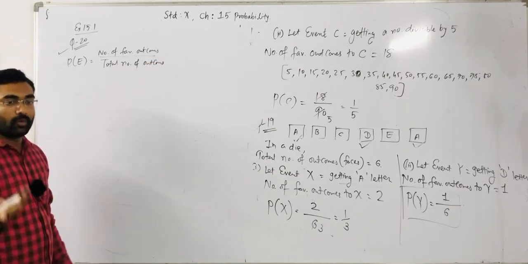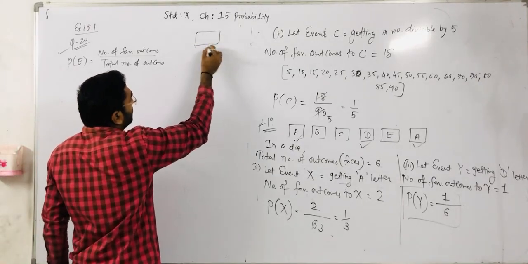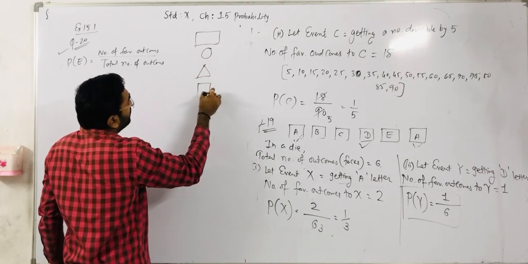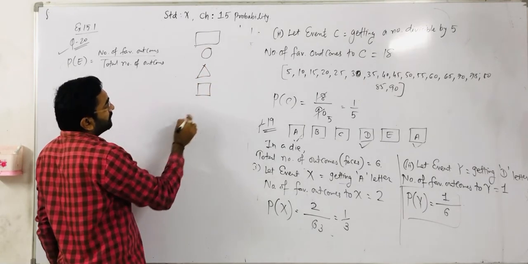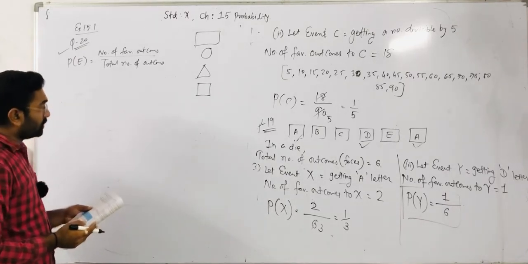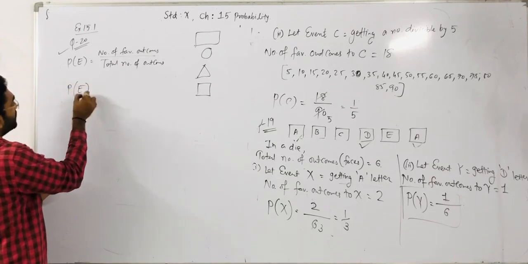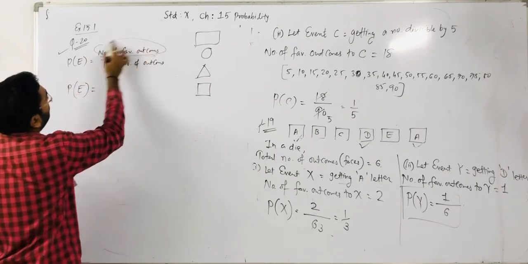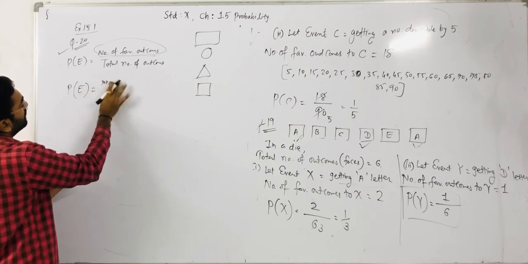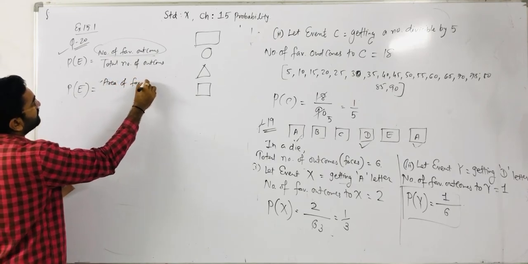But a geometrical probability sum is given. Geometry means what? Some shape is given: square, rectangle, triangle. Right? This is a square. So whenever that type of geometrical thing is given, how can we find any event's probability? In that formula, in place of the number of favorable outcomes, you have to write the area of the favorable region.